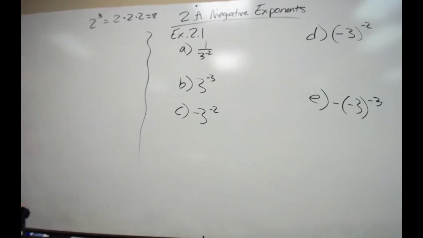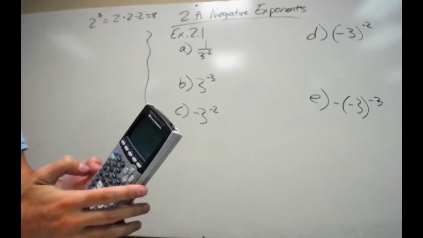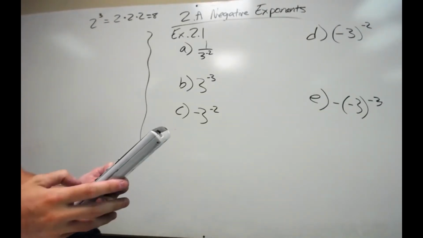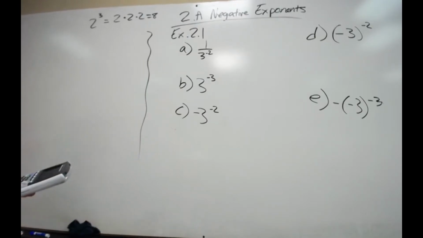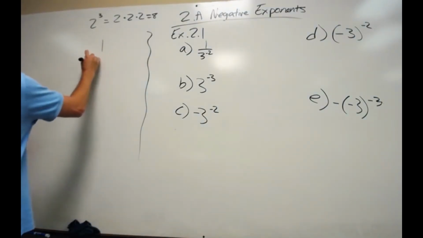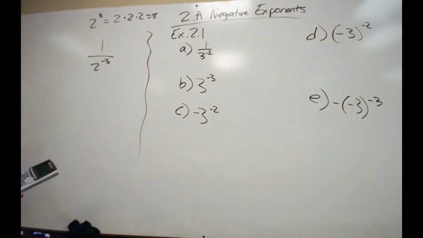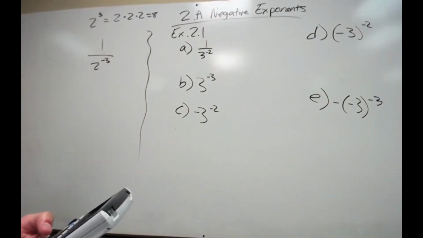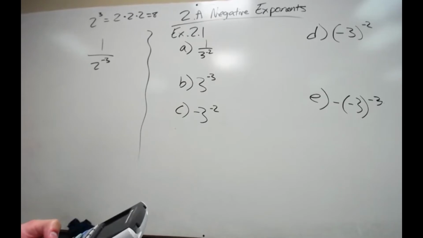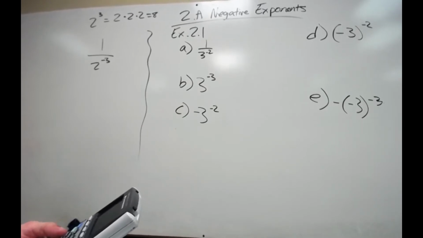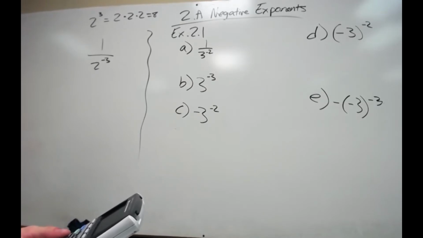So now I will say you can actually do these problems in your calculator. I'll try to explain it here, do the best I can to show you. If I wanted to do 1 over 2 negative cubed, what I would type in my calculator is 1 divided by, type in 2, use the caret sign, it's the up arrow just above the division symbol.